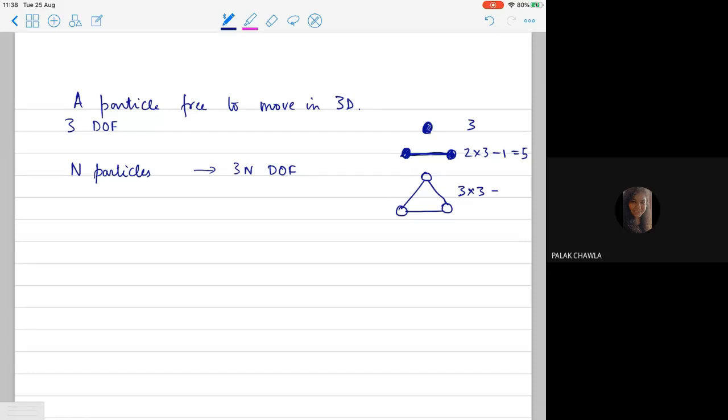So are these 3 constraints independent of each other? No, sir, they are not. So are these 3 equations of constraint all independent of each other, or are they not? So they are dependent on each other, I think. Yeah. Instead of jumping into answers, you should spend some time and think.